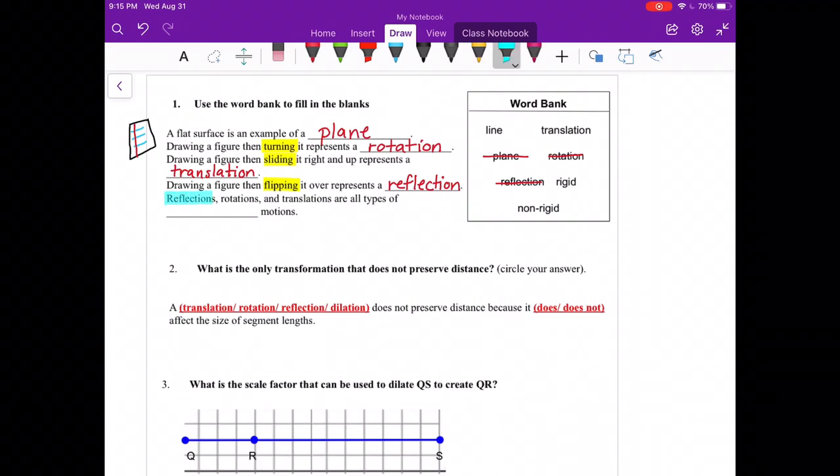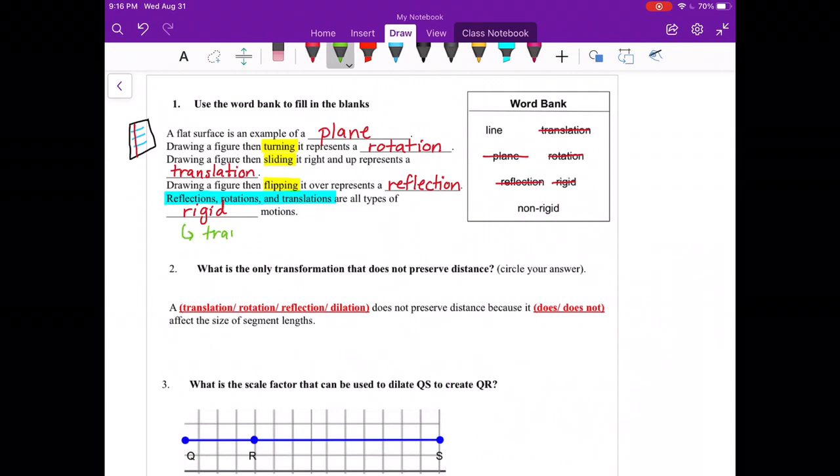Now, this last sentence I'm highlighting right now talks about 3 specific types of transformations. Each of these transformations has one thing in common. They are rigid motions. And rigid motions, by definition, are just transformations that do not affect the shape or the size of our object.